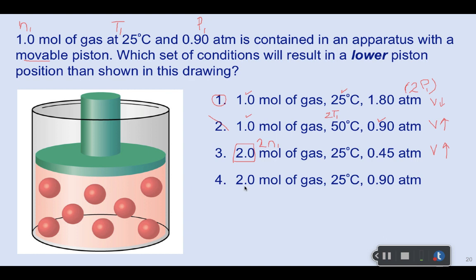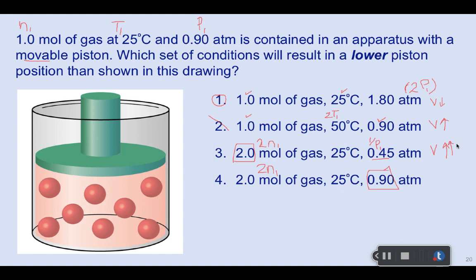And the last example, that one looks the same. Oh, no, it doesn't. I didn't read the previous example correctly. This is half the original pressure. So 1/2 of the original pressure. What does that do? Well, half of the pressure means the volume will also increase.